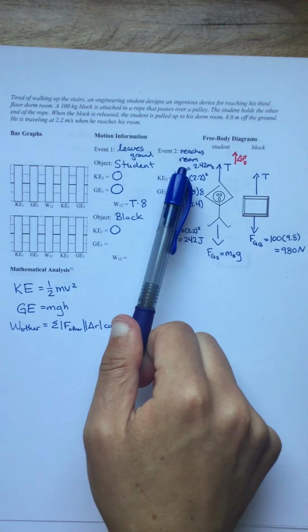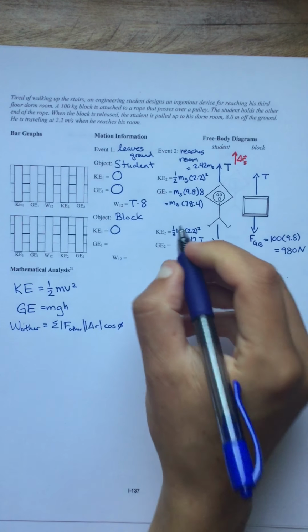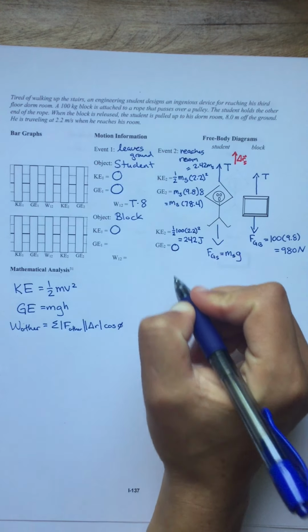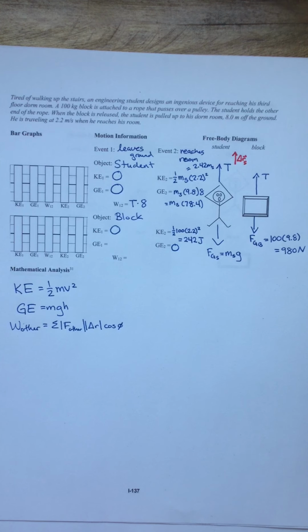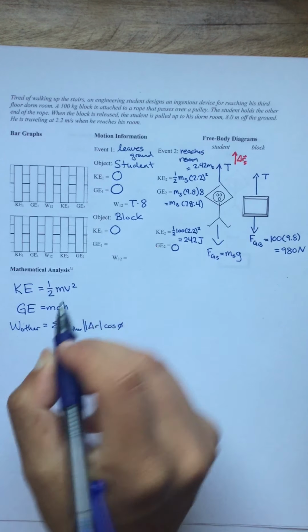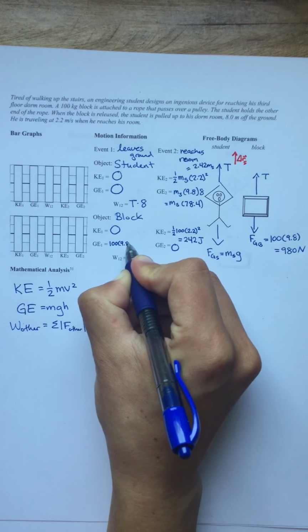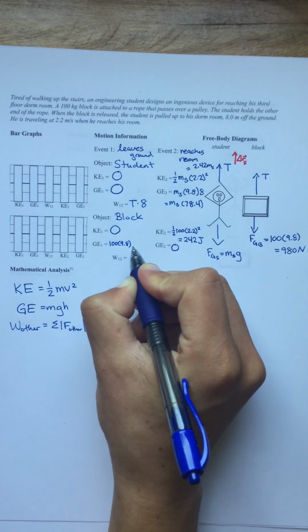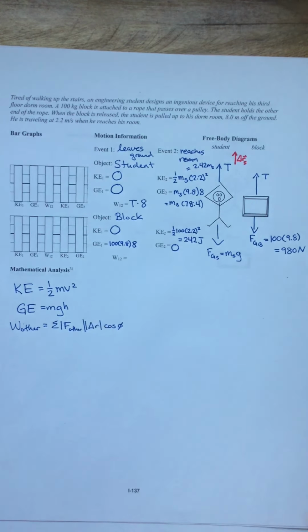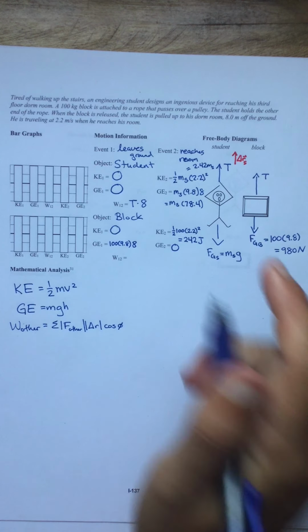When the student reaches the dorm room, now the block is on the ground, so the final gravitational potential energy for the block is 0 because it ends on the ground. The initial gravitational potential energy is m, which is 100, times 9.8 times 8, because it's starting at the dorm room 8 meters above the ground.